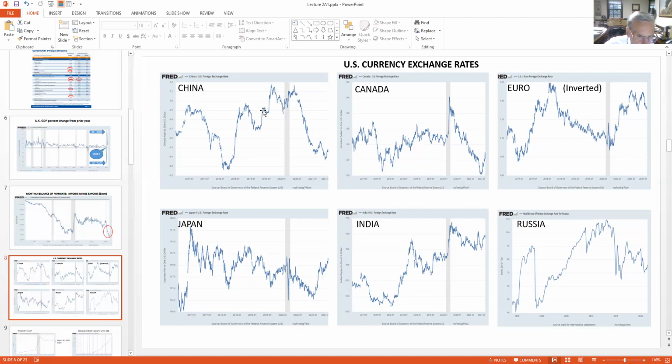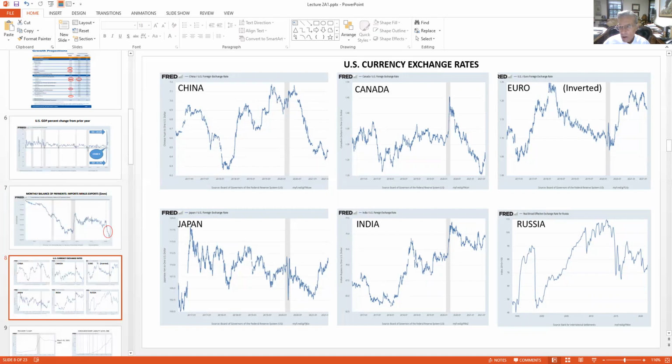I think we got about 6.5 yuan to the dollar, maybe a little more. Now you can see that it's not quite as generous, and it's been declining. The same for the Canadian dollar. US dollar buys fewer Canadian dollars.